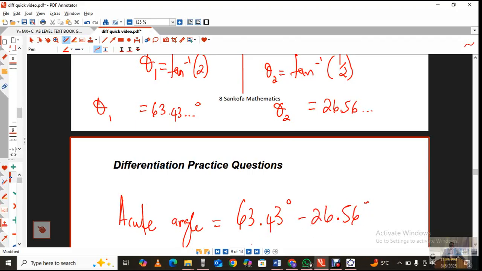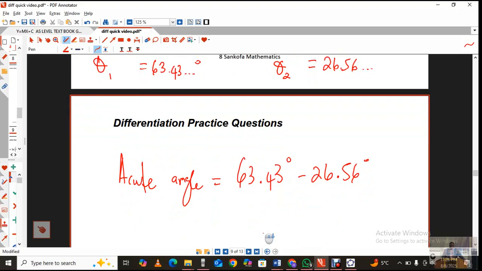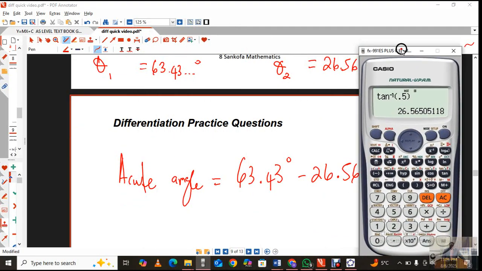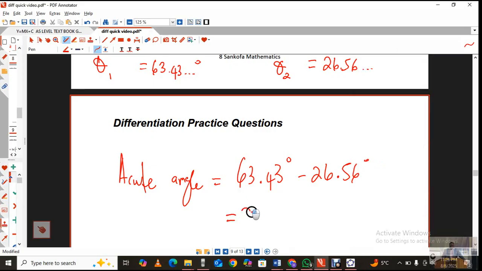I could have actually played around with my rounding a bit more, so let's just use the calculator and put the correct values: inverse tangent of 2 minus the inverse tangent of 1 over 2. That gives 36.869 and so on degrees.